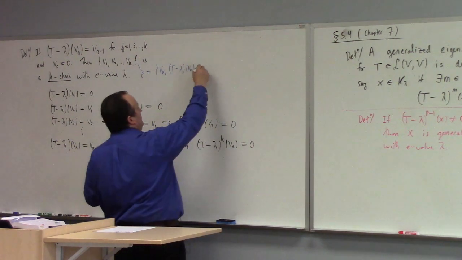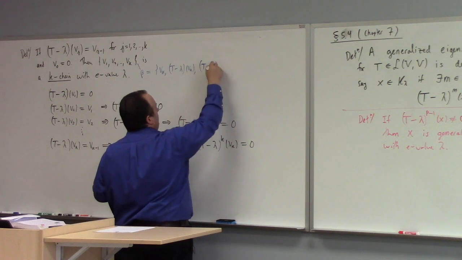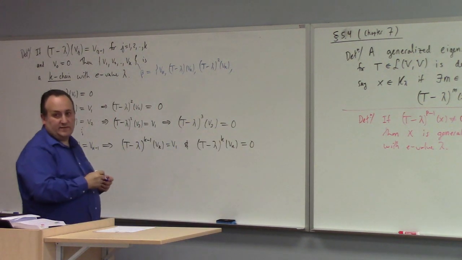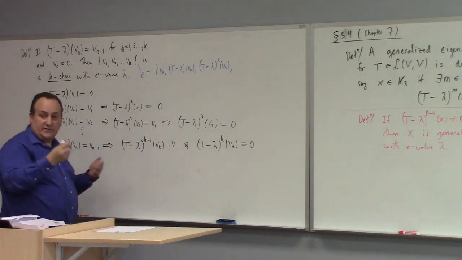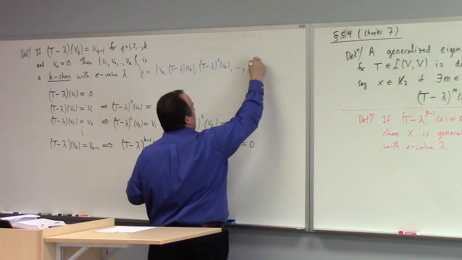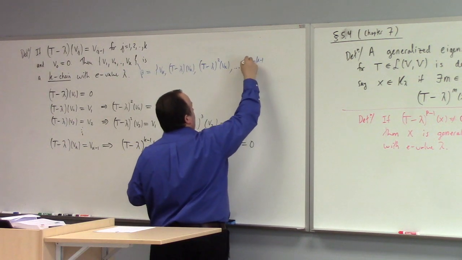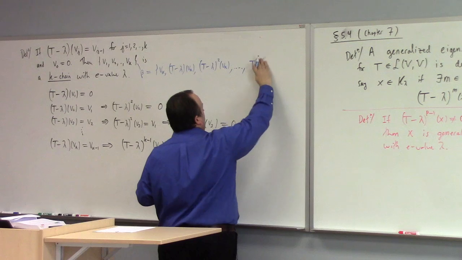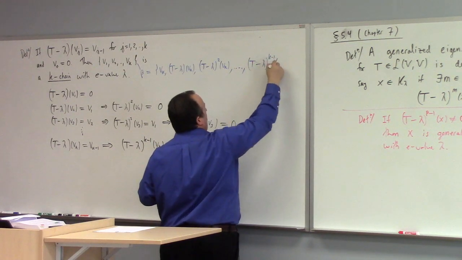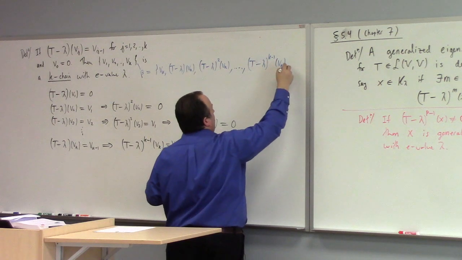And then I've got (T minus lambda)^2 vk, because that's v(k minus 1). And this goes on until finally I get to (T minus lambda)^(k minus 1) acting on vk, right?